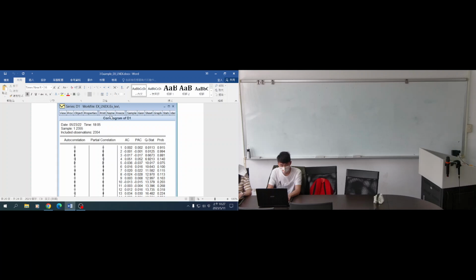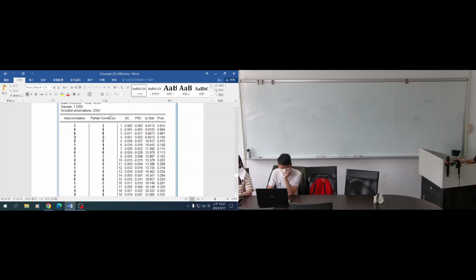First difference means differencing once. So look at this autocorrelation function and partial autocorrelation function. What did you see?